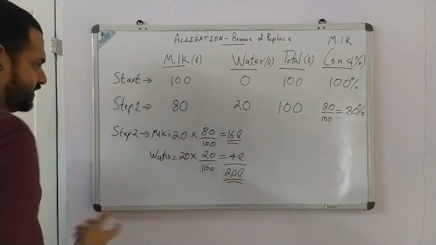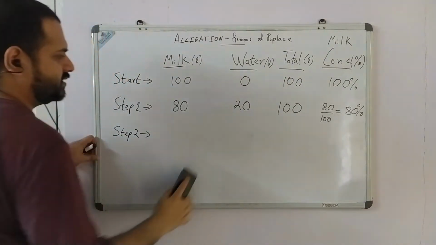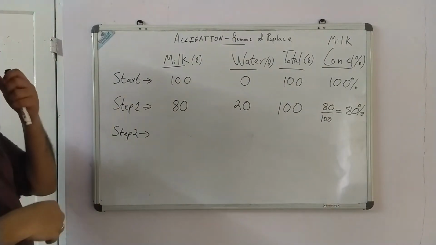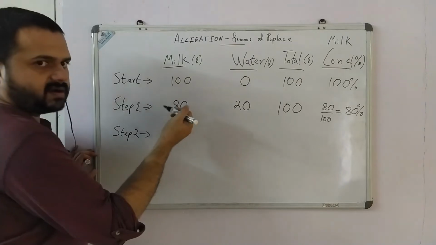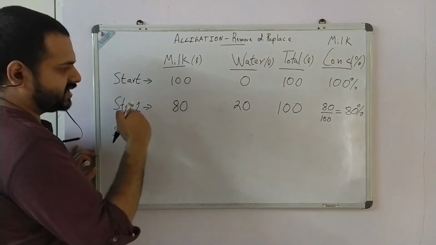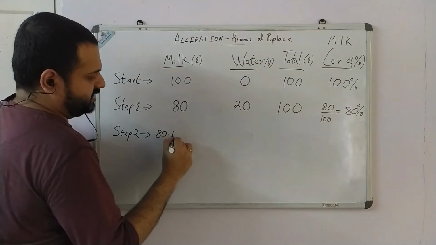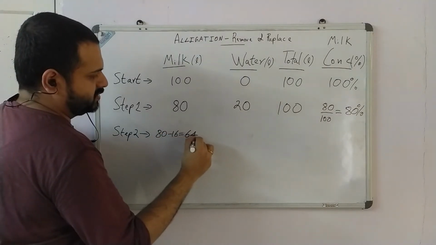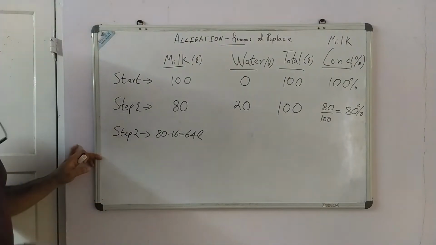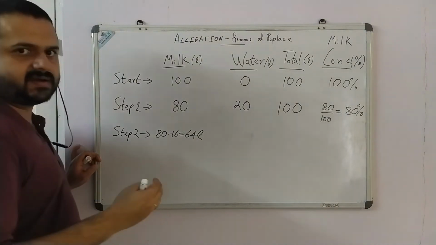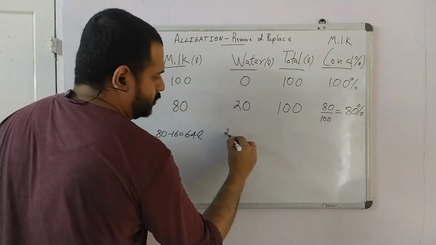Now, let's write that here. Correct? We saw that 16 liters of milk comes out. So, if 16 liters of milk come out from 80 liters of milk that was there after step 1, how much milk is left? 80 minus 16 is equal to 64 liters of milk are now remaining, right, in this mixture. And how much water is there? 20 was there.